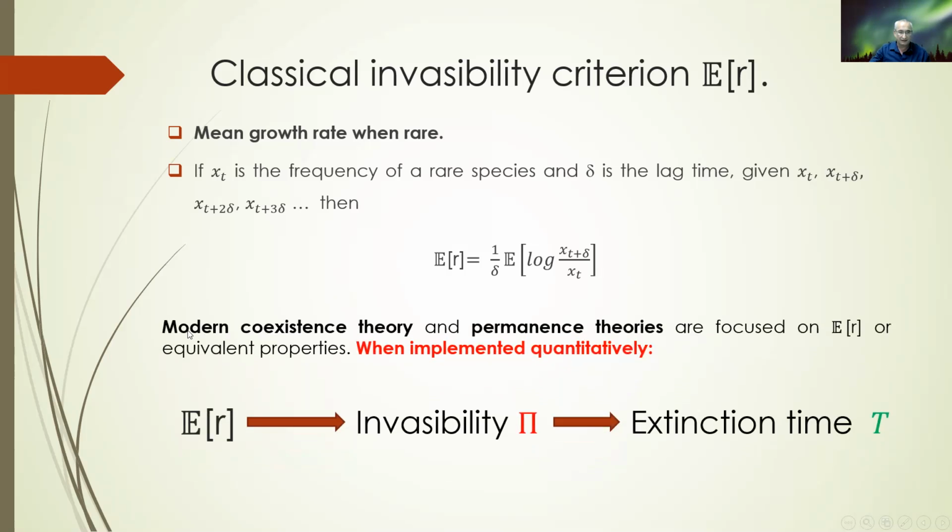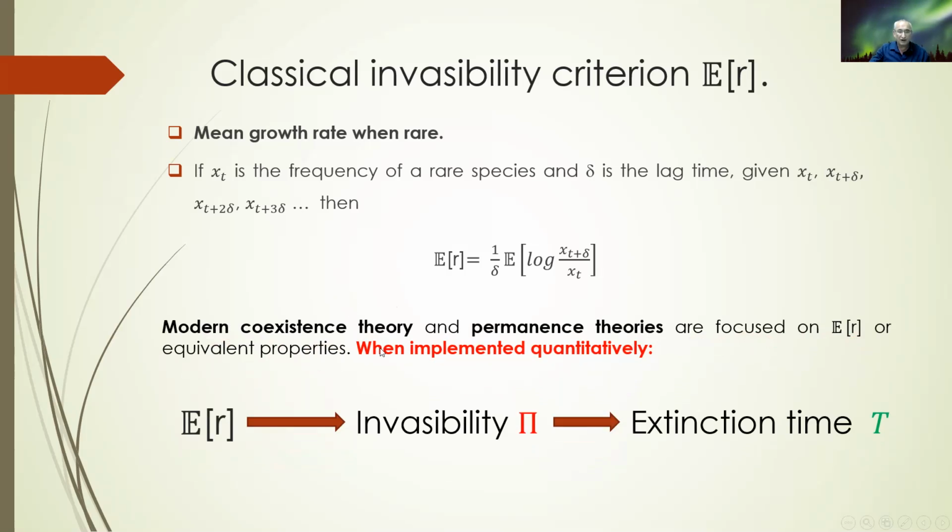The main coexistence theories people are using today, like modern coexistence theory and permanence theories, are focused on E[R] or equivalent or semi-equivalent properties.